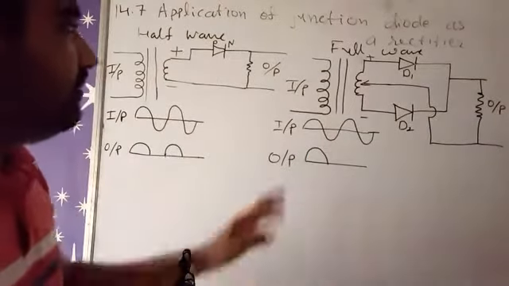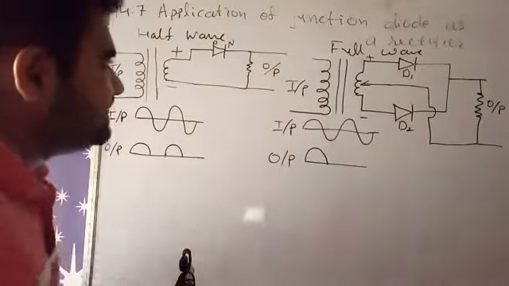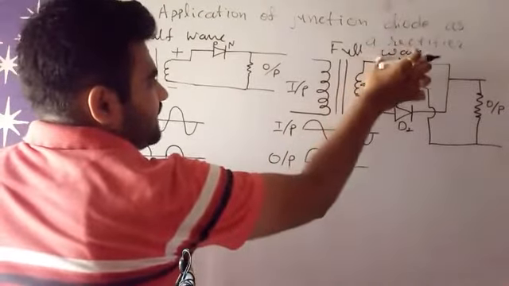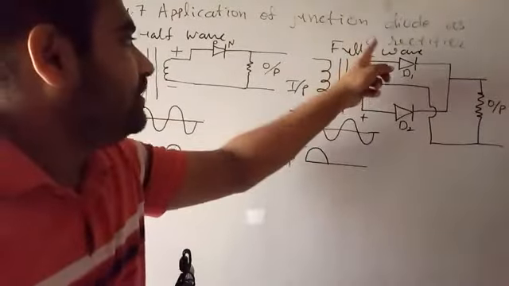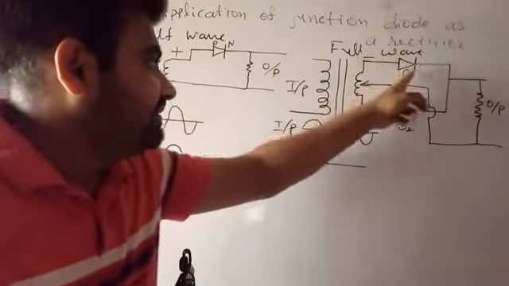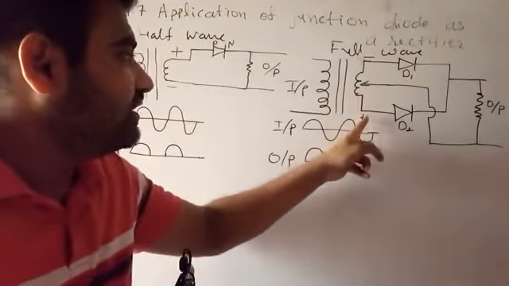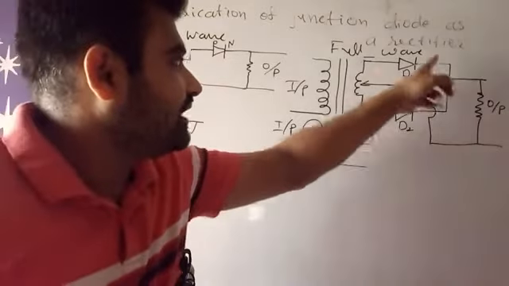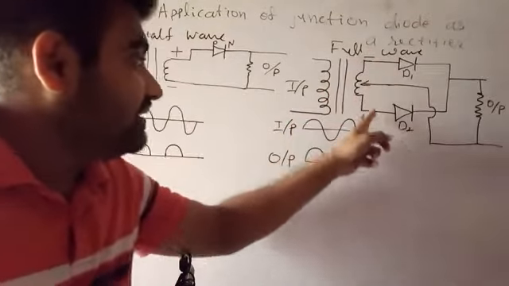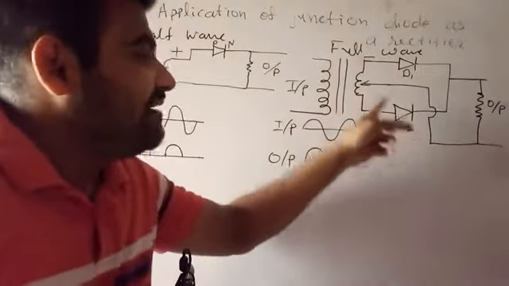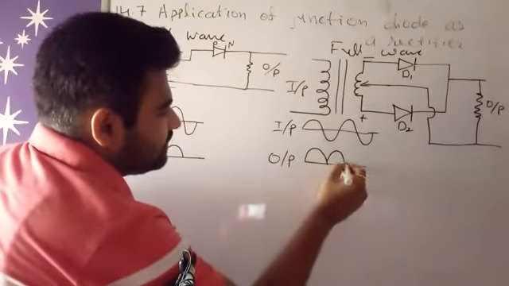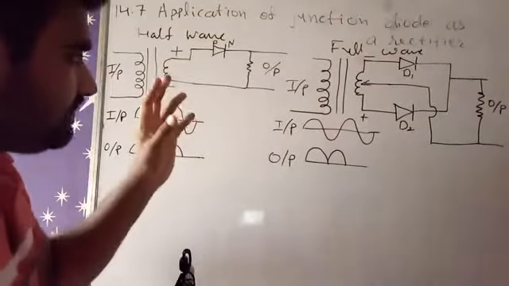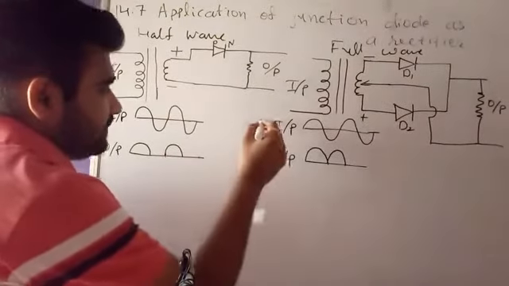Now the interval changes, so this polarity becomes negative and this becomes positive. Now D1, with negative on the P type, is in reverse bias, but in D2 positive connects with the P type and negative with the N type. So D2 is in forward bias, and because of that we get output as positive.